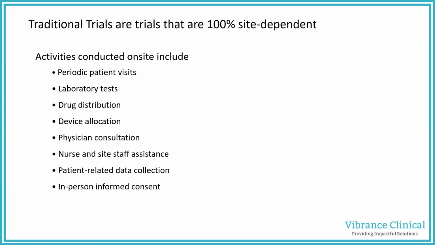Periodically, the patient will come, the drug is distributed there, or the device is allocated there. Physicians consult them, the nurse and site staff is there, and the patient related data is collected there, and there is a consent. After consenting the patient, it happens. These are the traditional trials that are 100% site dependent.